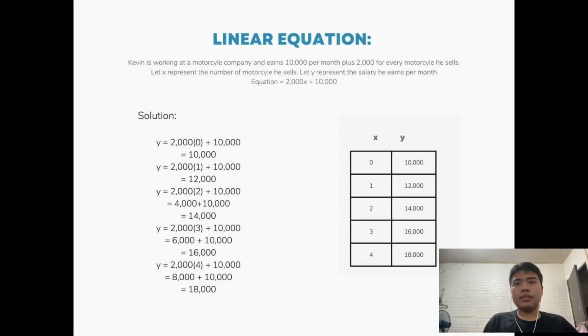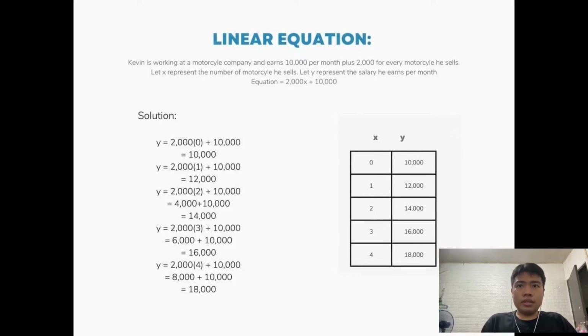So in the equation, 2,000 times parenthesis 0, because maybe Kevin can't sell anything, so 0 plus 10,000 equals 10,000.